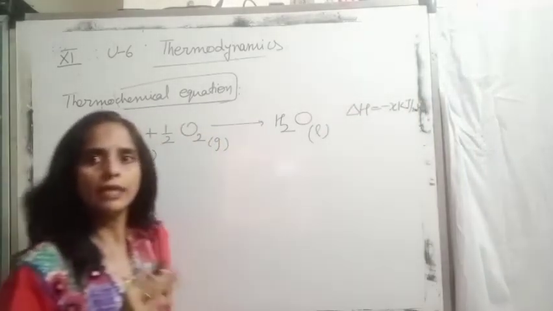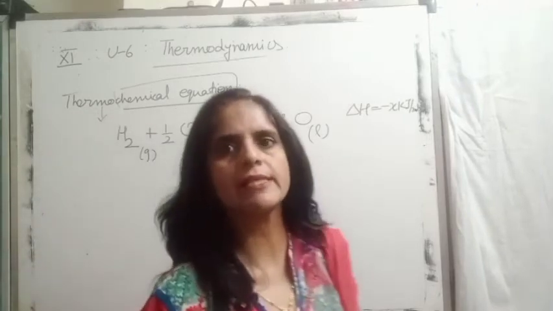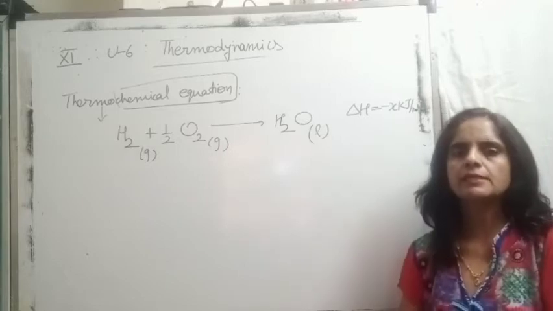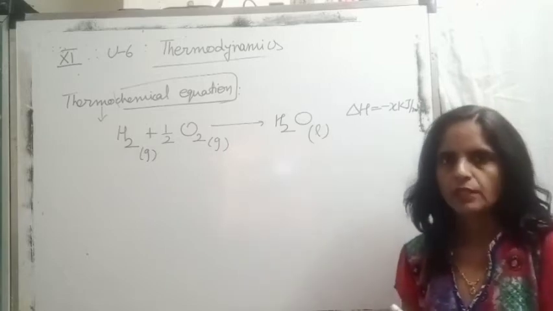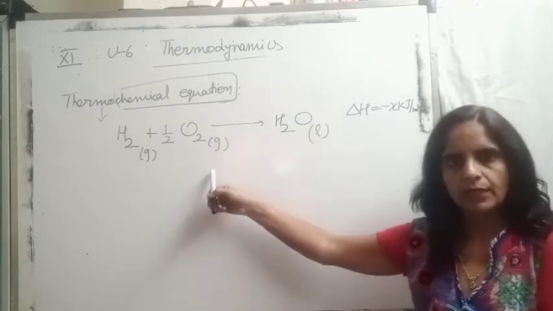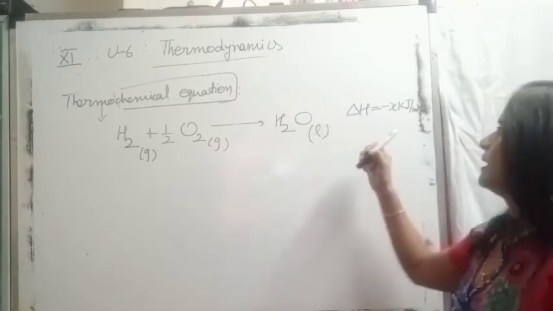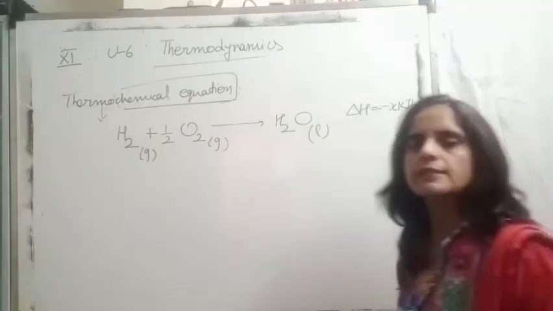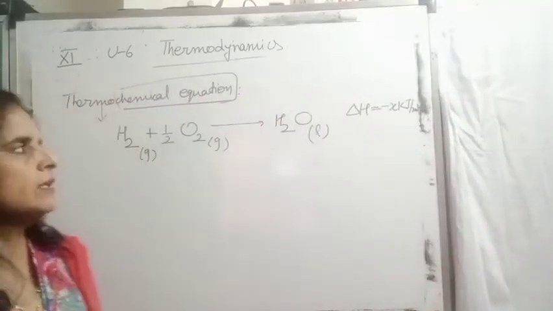No need to learn all the values, you don't have to memorize the values. Simply you should know how we represent this thermochemical equation. So along with a balanced chemical equation, if we are indicating its enthalpy change, then this is termed as thermochemical equation.